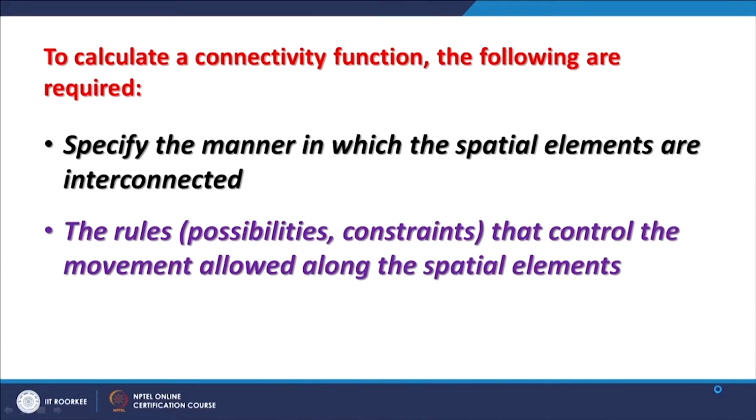So, what are the possibilities and what are the constraints that we have to also provide, because recall the initial discussion on GIS. GIS is providing various software tools. It is up to us to utilize them judiciously and very efficiently.